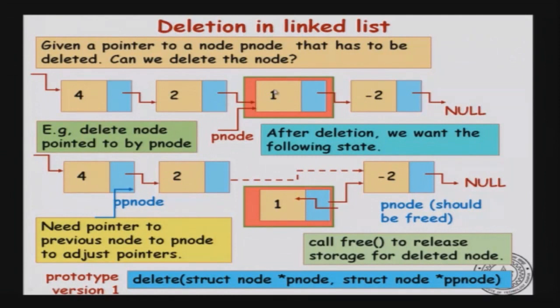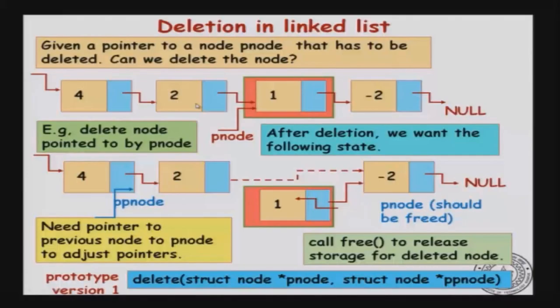So, if I want to delete 1, I have to say that 2's next node should be minus 2. But in a singly linked list, there is no way to go back. From 1 you cannot easily get to 2. So deletion requires some more information.